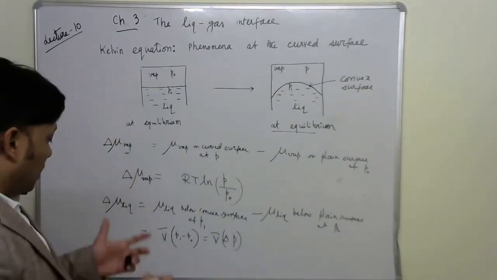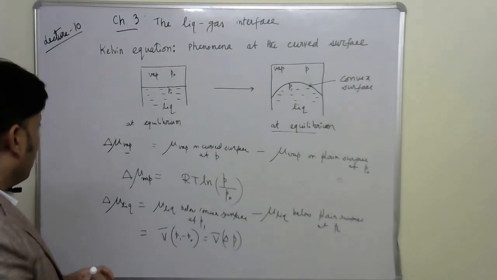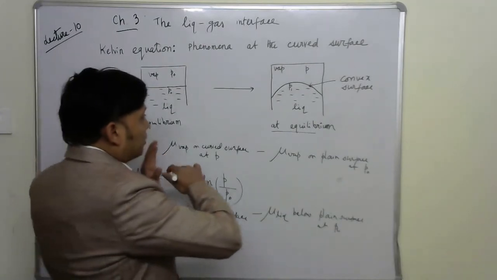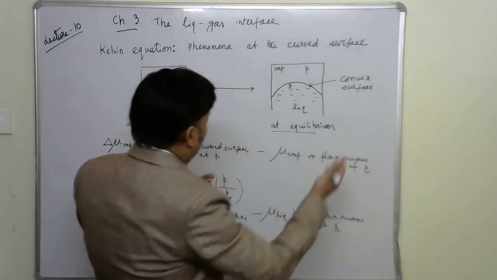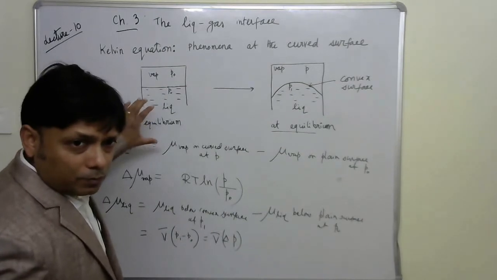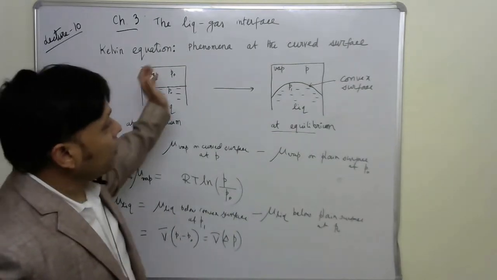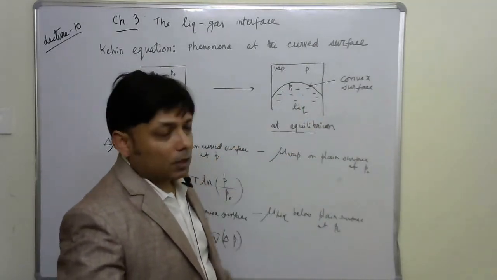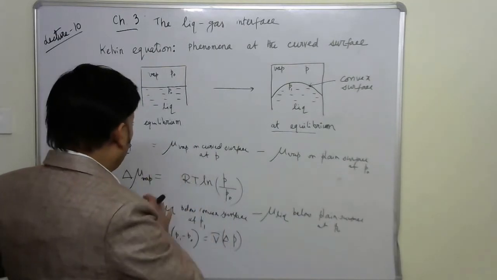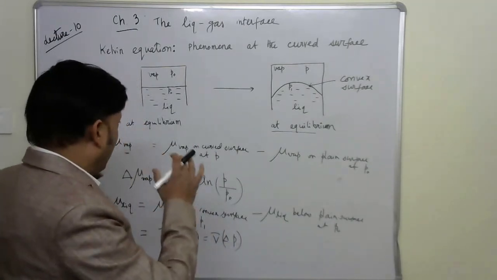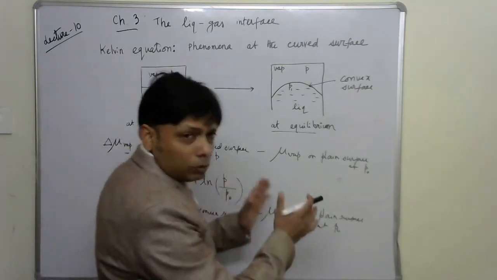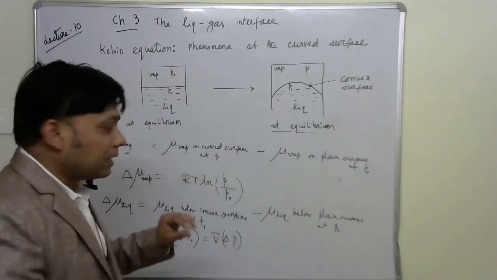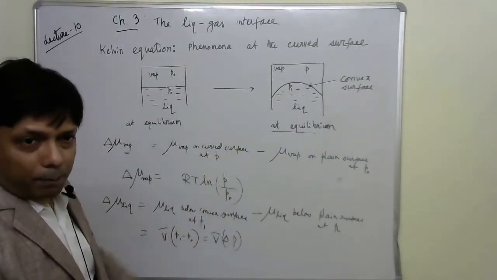Now what happens is that before the change, that means before the surface was made convex, the system was at equilibrium, and after the surface has been made convex, the system again gained equilibrium. So to go from one equilibrium situation to another equilibrium situation, a certain condition has to be fulfilled, otherwise it won't happen.